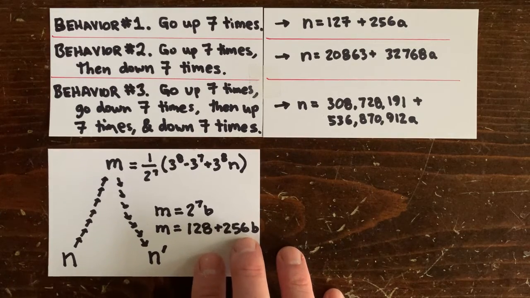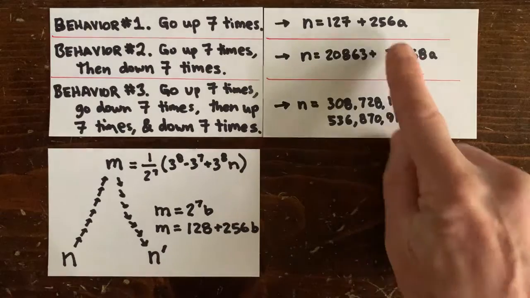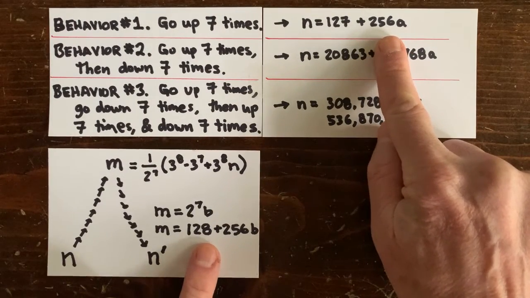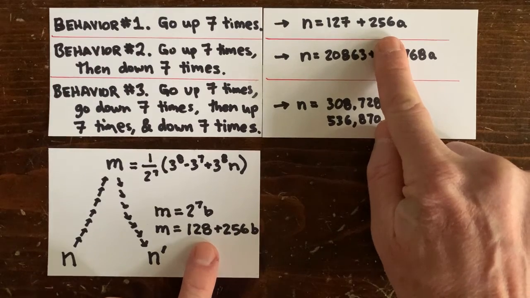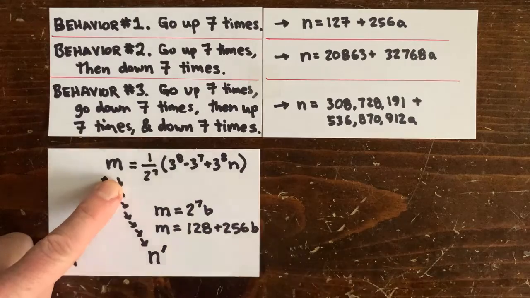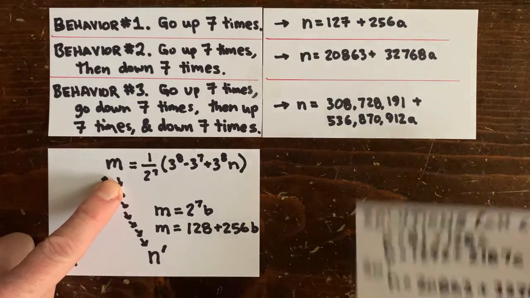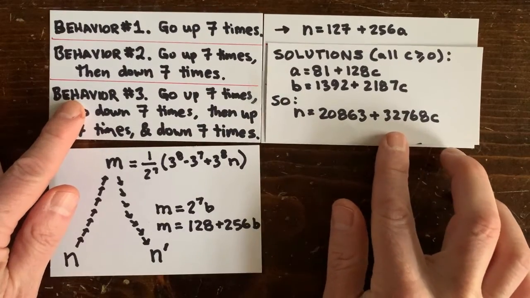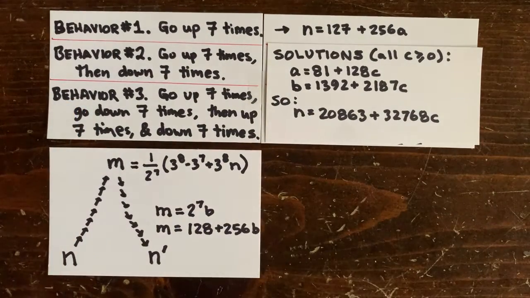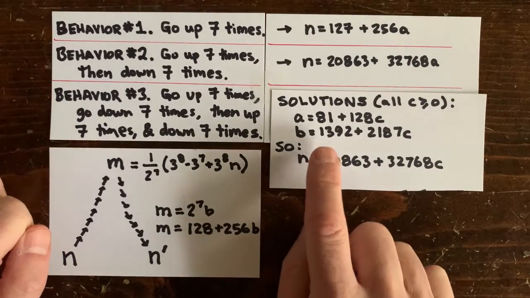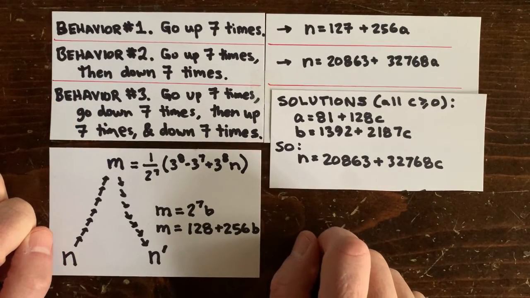Now, to figure out which subset of n's leads to the kinds of m's that we want, we can substitute these restrictions into the general formula that takes n to m and simplify. And now, if we solve this, it's satisfied by a equals 81 plus 128c, and b equals this for any c greater than 0.